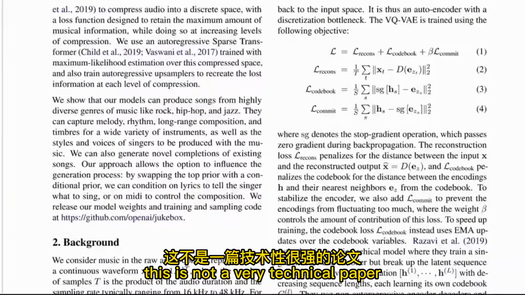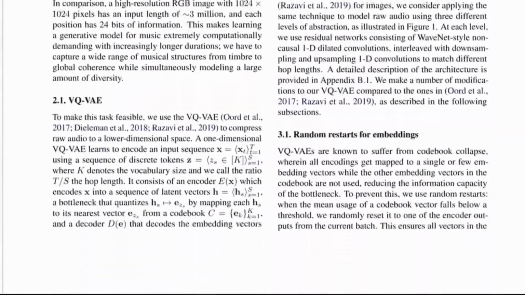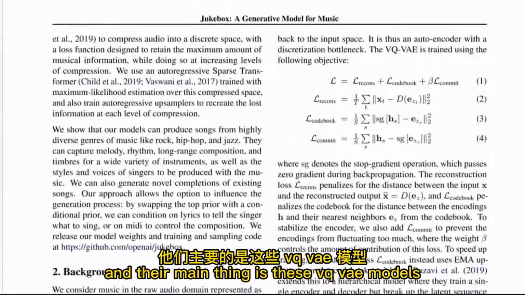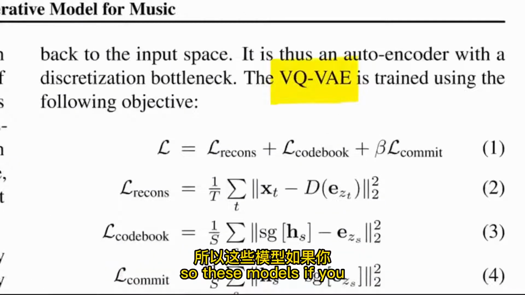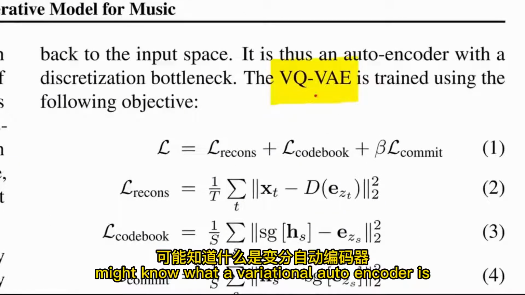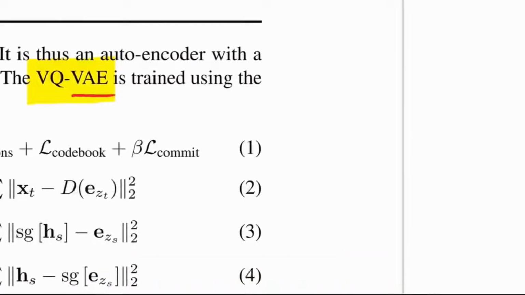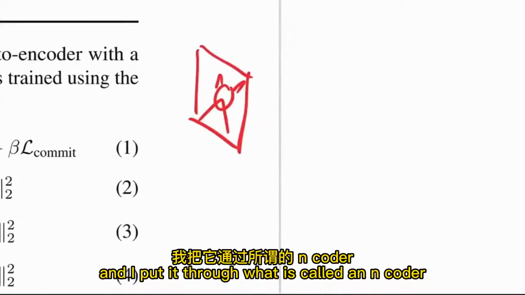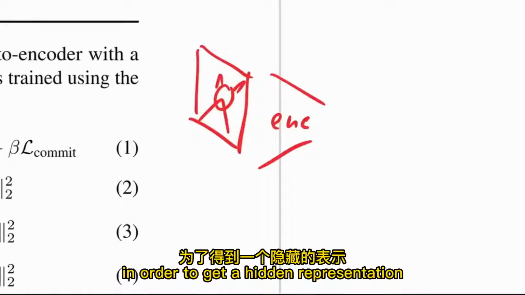This is not a very technical paper, but I think it's well written, and their main thing is these VQ-VAE models. If you know, you might know what a variational autoencoder is. In a variational autoencoder, I have an input, let's say an image of our typical cat, and I put it through what is called an encoder in order to get a hidden representation.